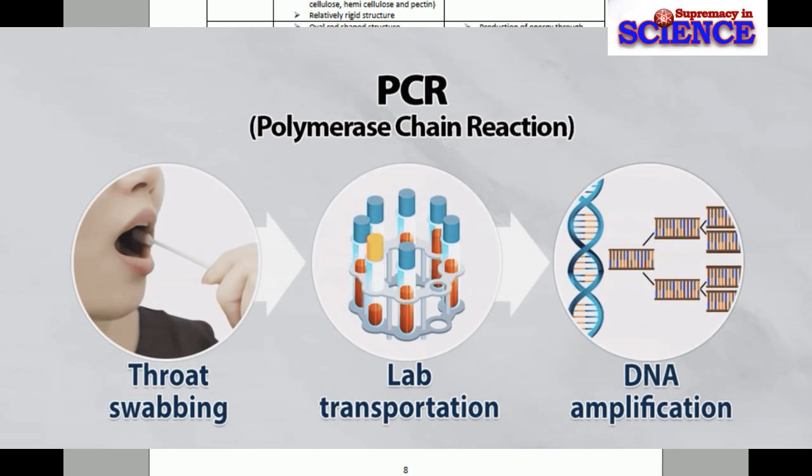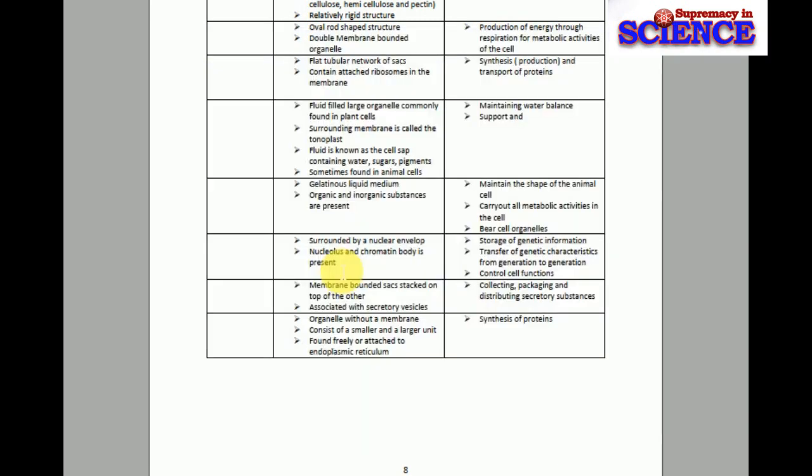Then they match their original sample of coronavirus with the sample taken from the patient. If the sample taken from the patient contains similar RNA, that means it contains a viral particle.